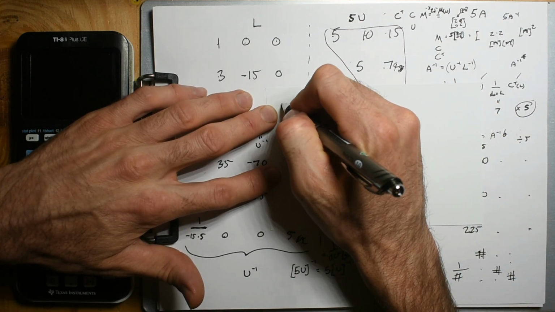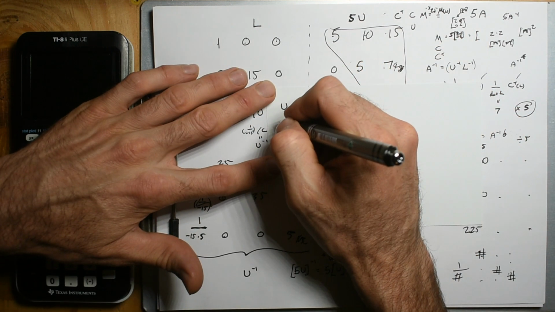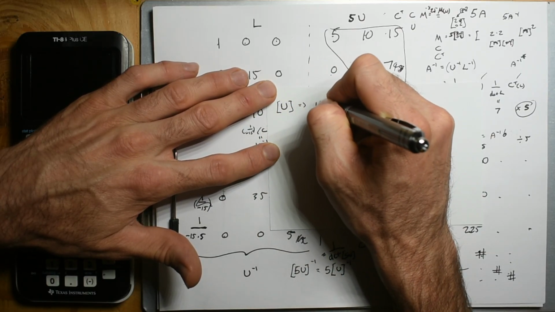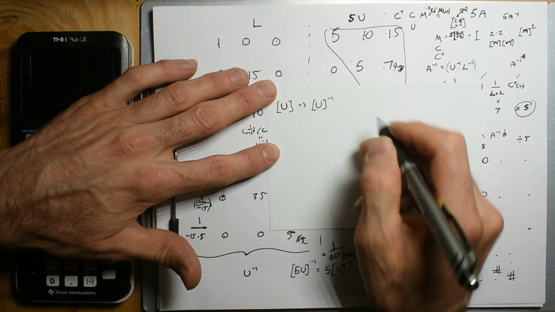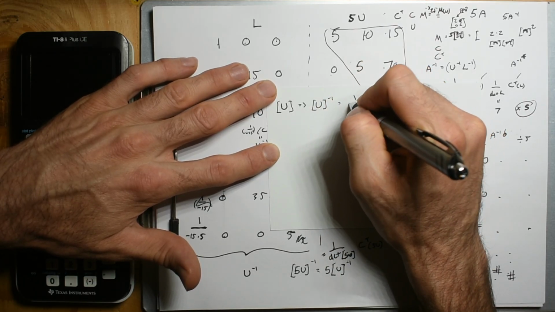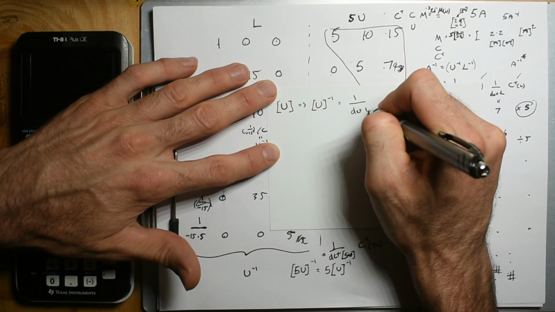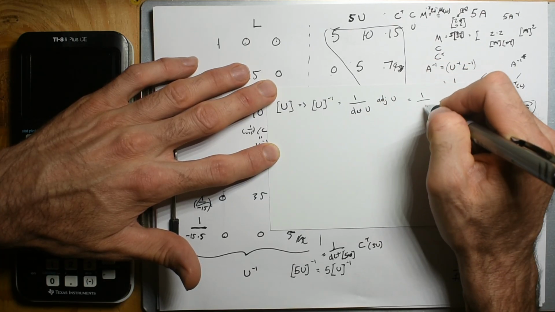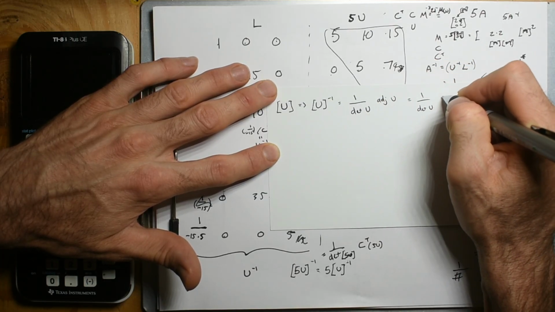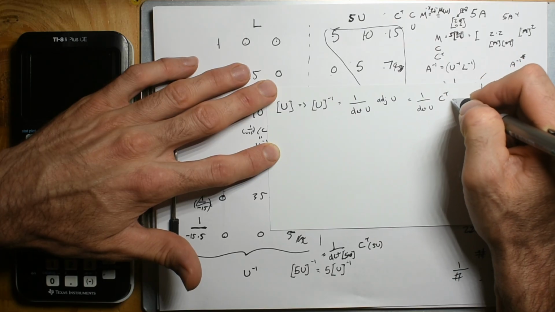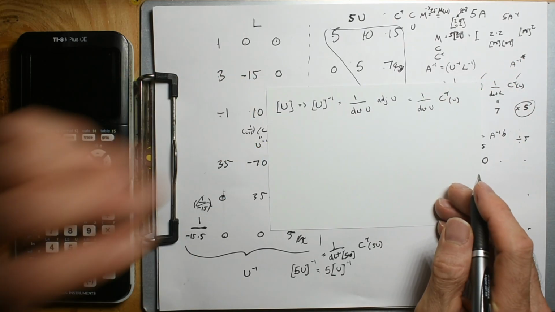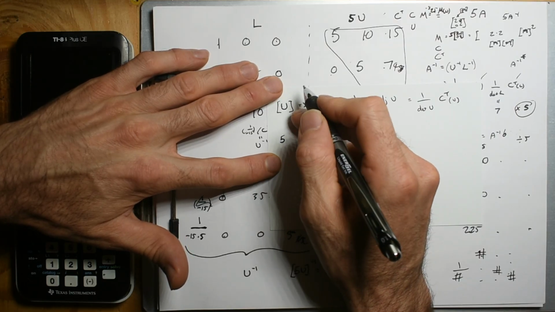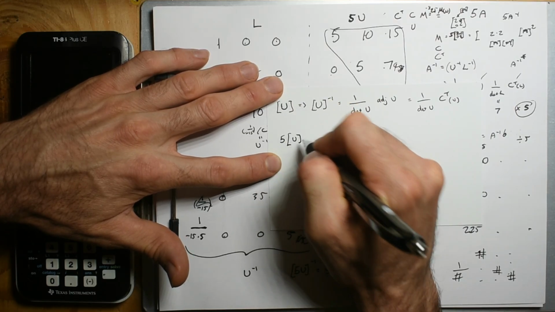We had matrix U, and then we took matrix U. So if I wanted to find the inverse of U, this would be 1 divided by the determinant of U times the adjoint of U, which is 1 divided by the determinant of U times the cofactor transposed of U. I chose to multiply U by 5, which is just this.